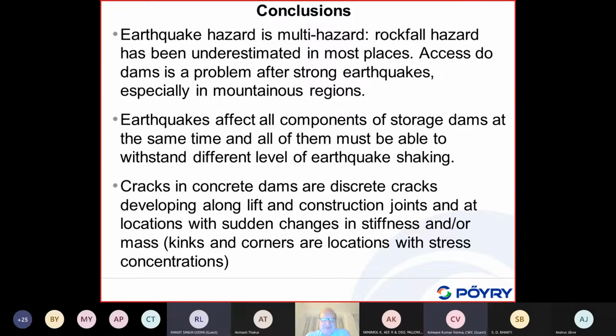Now, it is important to note that earthquakes affect all components of storage dams at the same time, and therefore all of them must be able to withstand different levels of earthquake shaking. Okay, so there are some people who believe underground structures are safe.